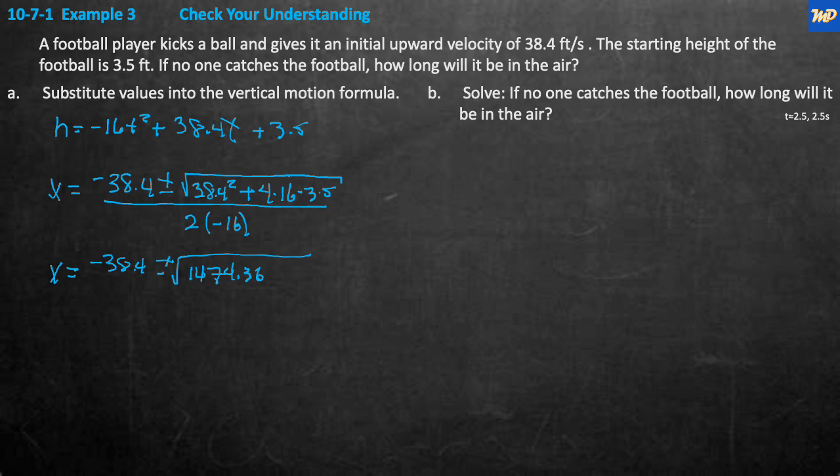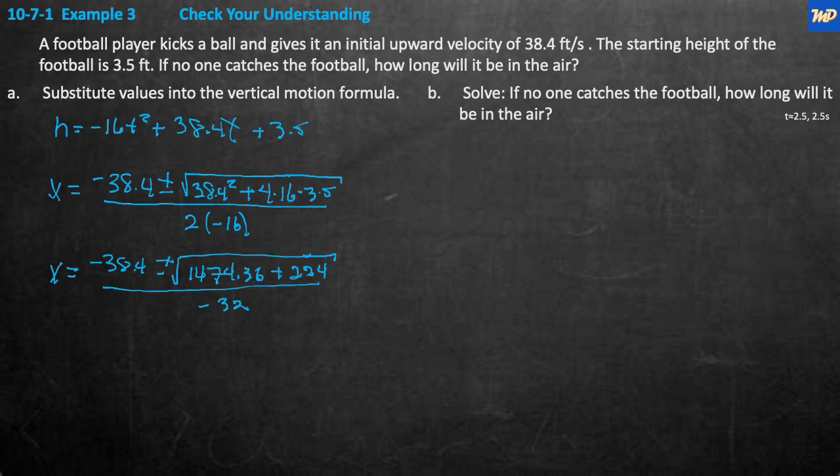Okay, and that's that term, and then it's plus 64 times 3.5, and that comes out to 224. Okay, and that is now over negative 32.